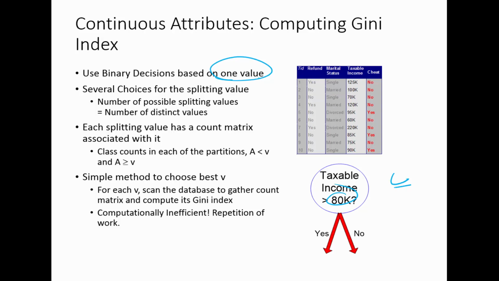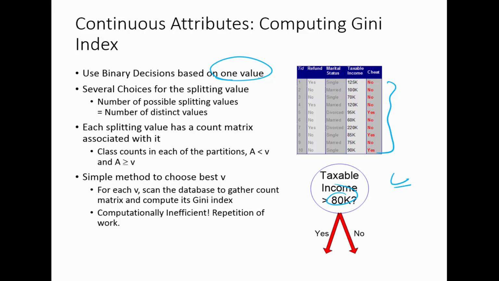Several choices are there. Like in the data, we have got 10 choices, and every choice is a potential candidate for a split, or for a threshold. So why do we go ahead with 80? Why not anything else? Any number between the smallest and the largest one could be a potential threshold.